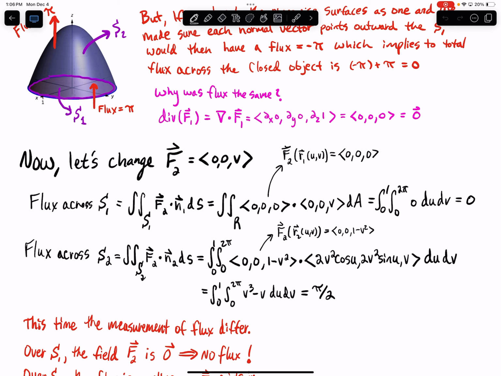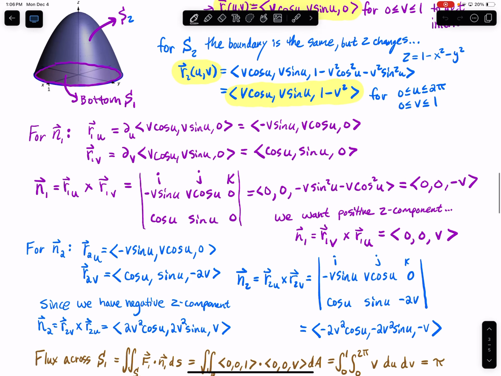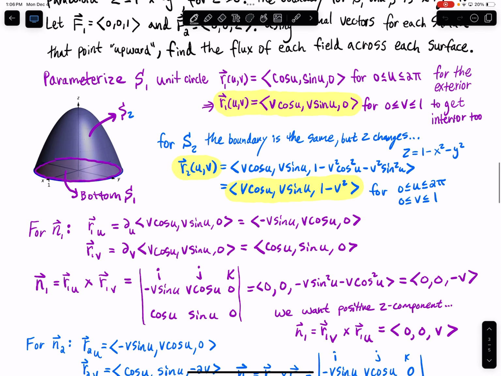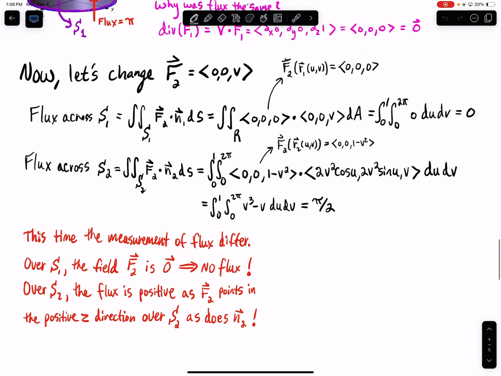We plugged in our original. Okay, so all that work that we did, if you plug in your R1, this thing right here, into F2, you're going to get 0, 0, 0.